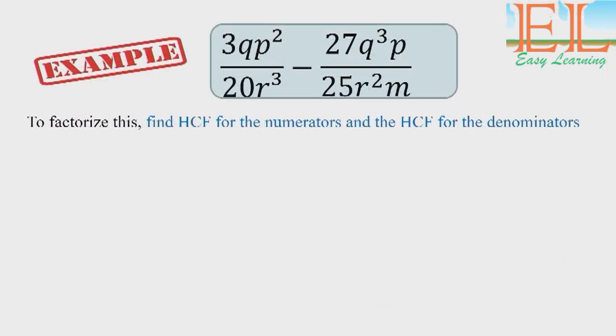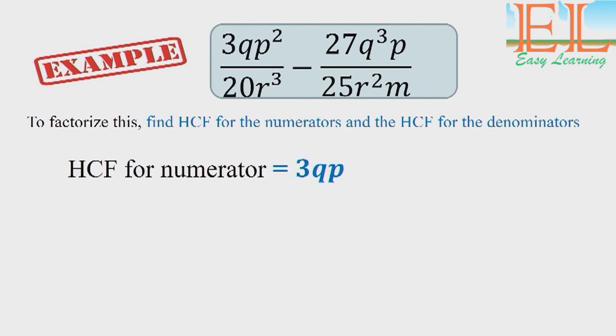In this case, you will realize that for each fraction, there is nothing that can divide. We therefore take the numerator terms alone: 3q p squared and 27q cubed p. If you look at the numbers, 3 is common, q is common, and p is common.